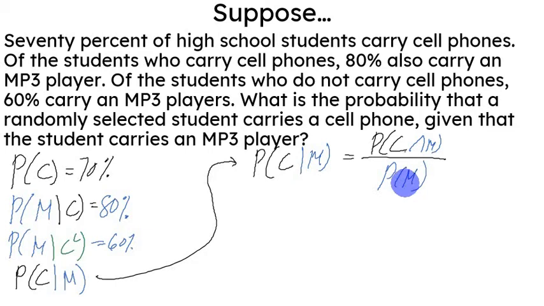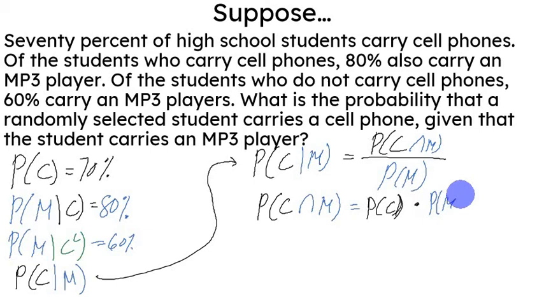We can get the probability of C and M because we have the general multiplication rule, which states that the probability of C and M is equal to the probability of C multiplied by the probability of M given C. Because event C is what we know first, let's consider it happening first, then event M second.